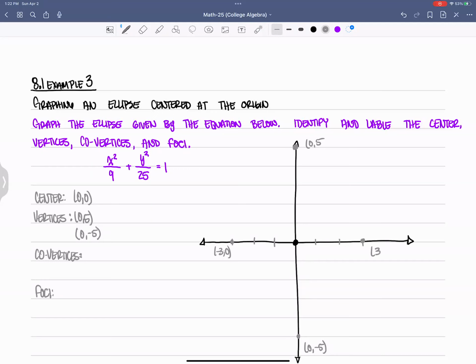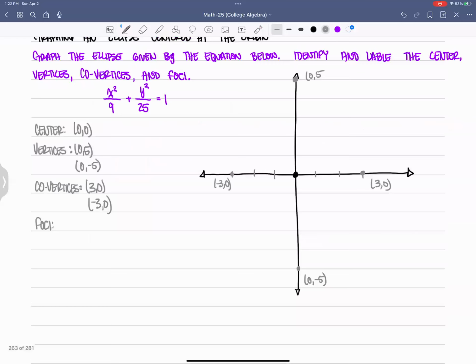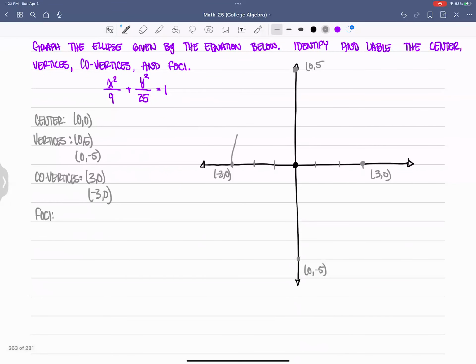When x is +3, y is 0. So we went out 3, 0, -3, 0. Now we could start drawing our ellipse from here. My apologies for not making it beautiful, but this is the best I could do.